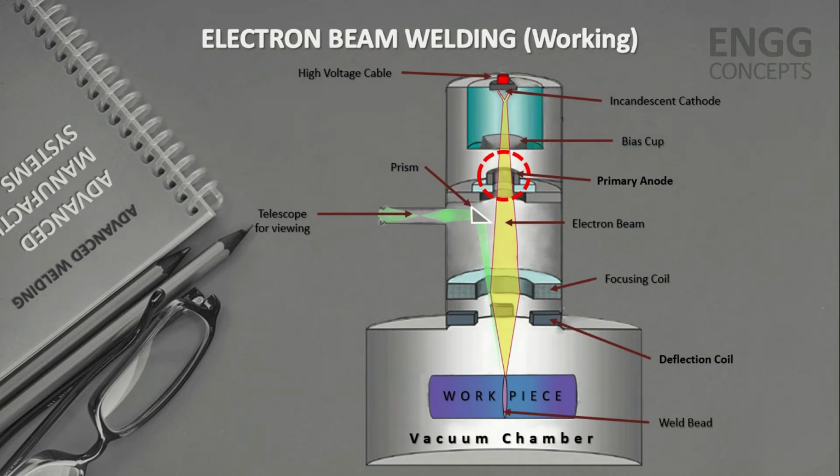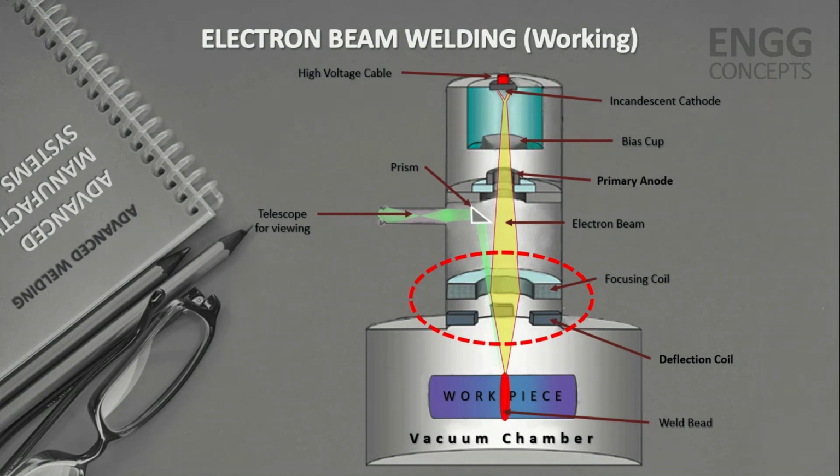Now, this electron beam passes through the electromagnetic lens and deflecting coil, which are used to focus and deflect the electron beam at the required spot. The electromagnetic lens and deflection coils direct the high velocity electron beam to the weld cavity. The kinetic energy will get converted into heat energy due to collision.